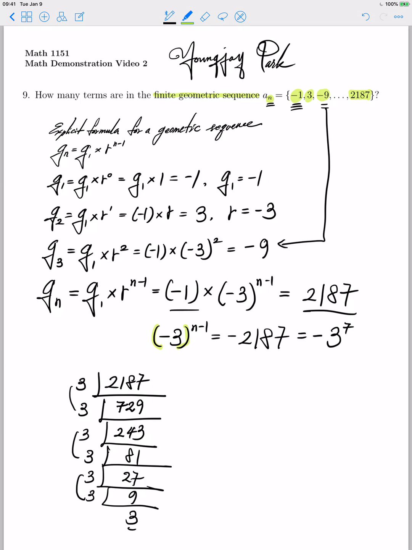So here we have -3 to the n-1 power equals -3 to the 7th power. Therefore, we know that n-1 equals 7, and the n that we were trying to find is 8. So this finite geometric sequence has 8 terms, and that's our solution.